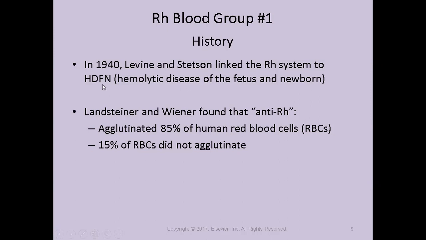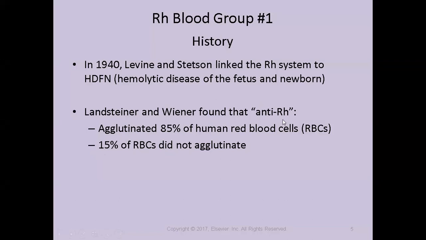Landsteiner and Wiener actually found what they called anti-RH, an antibody against RH. And this antibody agglutinated 85% of human red blood cells, and it failed to agglutinate 15% of red blood cells. And this is really the basis of the D antigen.